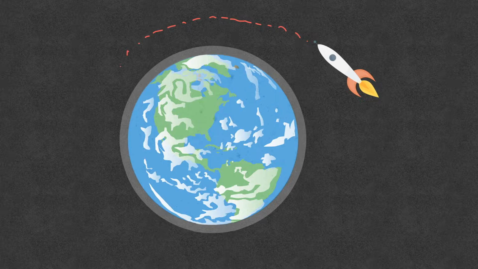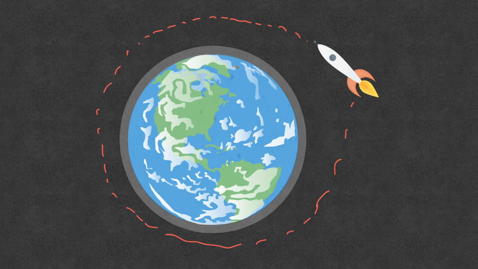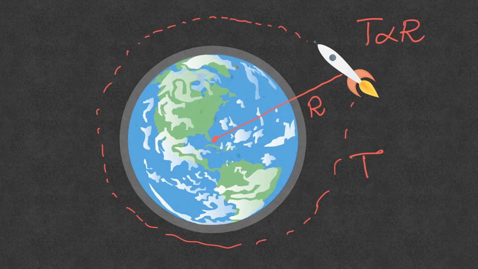So as you saw, my cool spaceship went around the Earth, and let's say it took a time t to finish its orbit around the Earth. And at the same time, the radius of the orbit is given by r. Now you would understand the fact that this time period is proportional to the radius of the orbit.